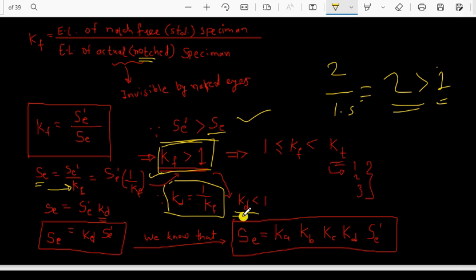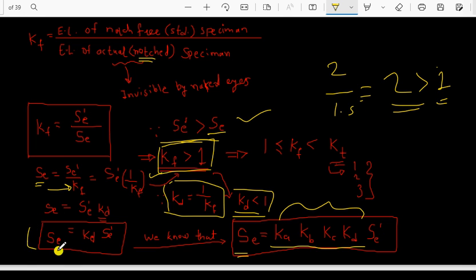That's why the Kd value, that is the reciprocal of Kf, will always be lesser than 1. So not only this Kd, all these multiplication factors in designing of components under dynamic loading condition will all be lesser than 1. That's why we are getting the actual endurance limit lesser than the endurance limit for the standard specimen.